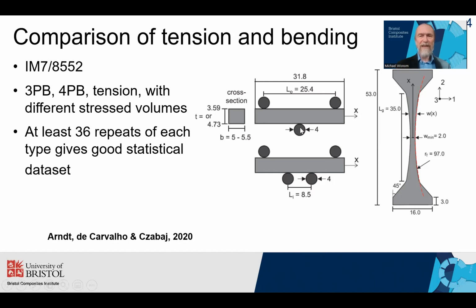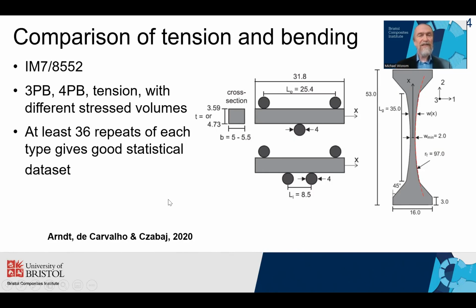In the 3-point bend, you only have this very small volume underneath the loading roller near the surface, which is subject to a high transverse tensile stress. In 4-point bending, it extends between the two rollers, so you have a bigger effective volume. And in the direct tensile test, the whole volume is subject to transverse tension, particularly this gauge section down here.